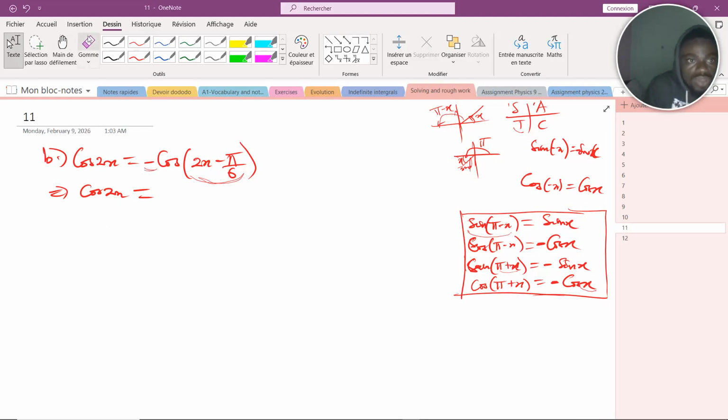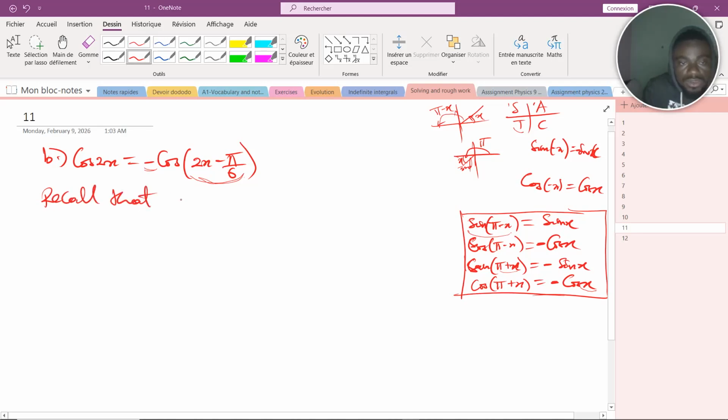So what I'm going to write is that I'll first write this. Recall that cos of pi plus theta must be equals to minus cos theta. Is that okay? So this implies minus cos 2x minus pi on 6 will be equals to what?